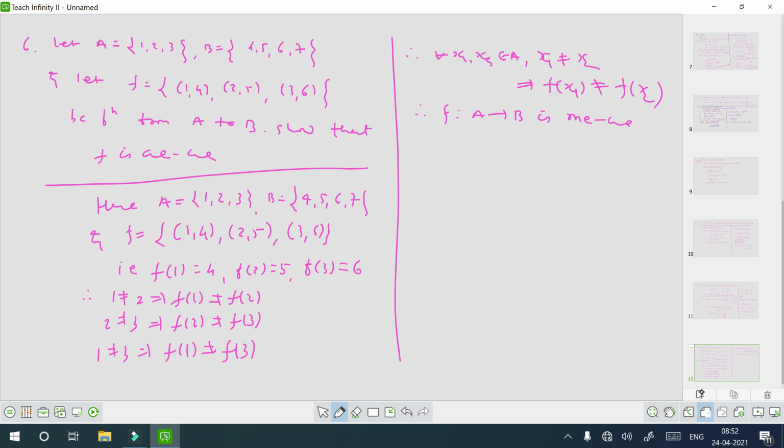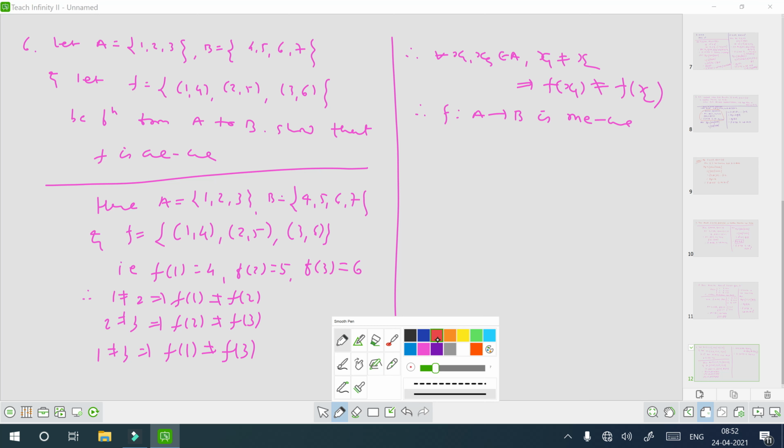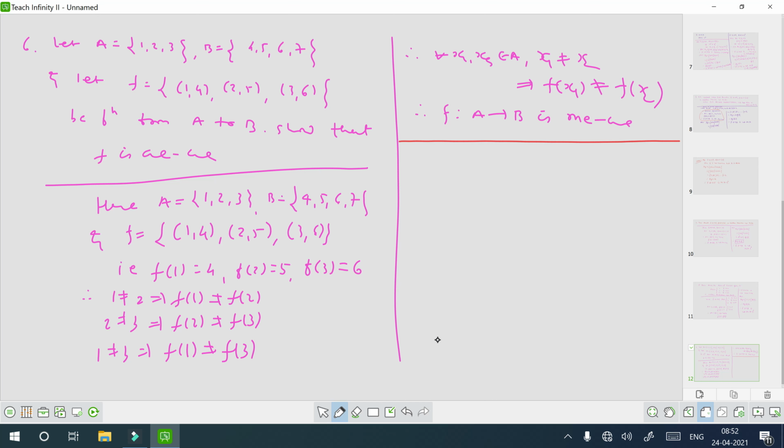Here they are not asking for one-to-one-ness, but if we want to see that thing, then what happens? Here, what is the range of f? Range of f is 4, 5, 6. 4, 5, 6 is not equal to B, because one more element is there, but that is not in the range.